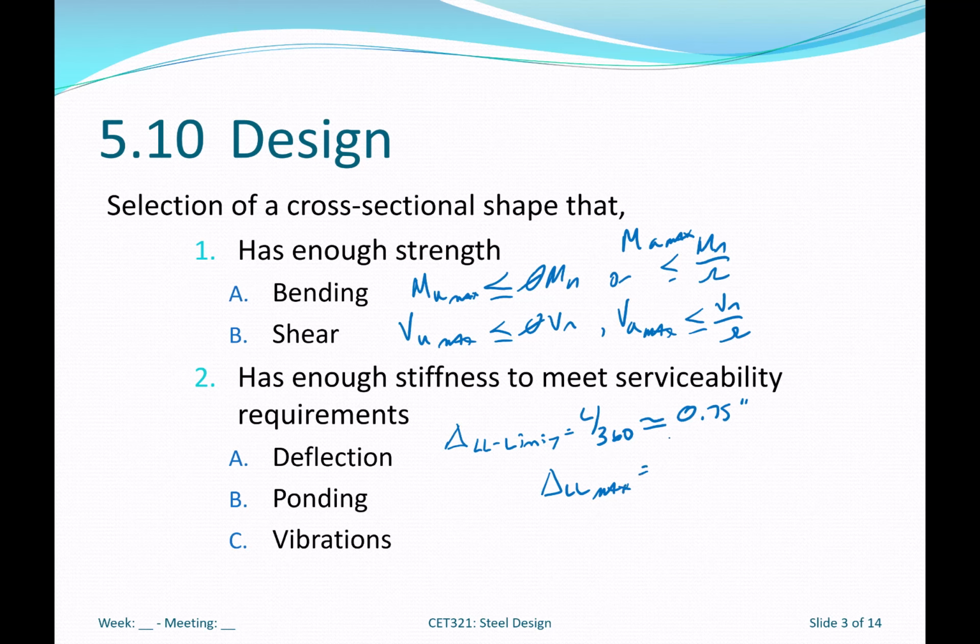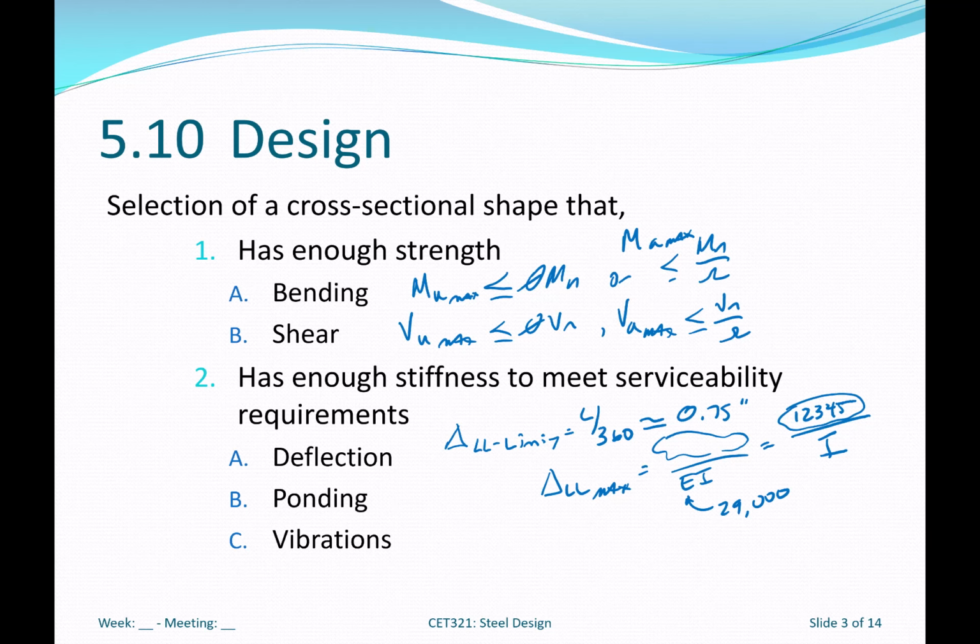If I calculate that loading, all over EI, and I substitute in E for steel, 29,000, I can end up with an expression of some number over I. I'm just going to say 1, 2, 3, 4, 5, whatever that number is, based on our calculation using equations or moment area theorem, conjugate beam, any of those.